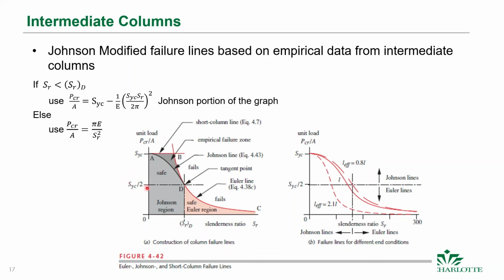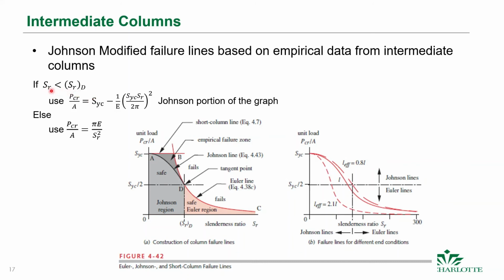If your slenderness ratio is less than the slenderness ratio here, this is the SRD, the slenderness ratio at point D, and point D is at half the compressive stress for this curve, and there are different curves for different effective lengths that we'll show in a second. But the point is, once you calculate your slenderness ratio, you need to know if you can use the Euler region or the Johnson region.